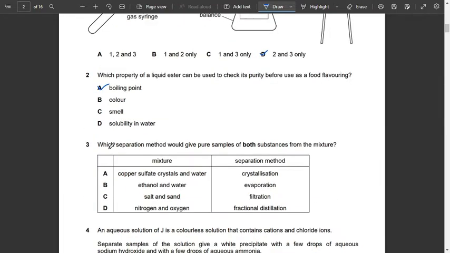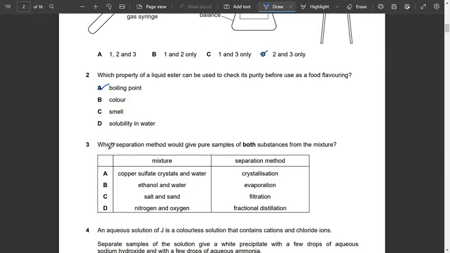Moving on to MCQ number 3, which separation method would give pure samples of both substances from the mixture? We have 4 options given, and there are 4 mixtures and 4 separation methods. Copper sulfate crystals in water, the separation method is crystallization; ethanol and water, evaporation; salt and sand, filtration; and nitrogen and oxygen, fractional distillation.